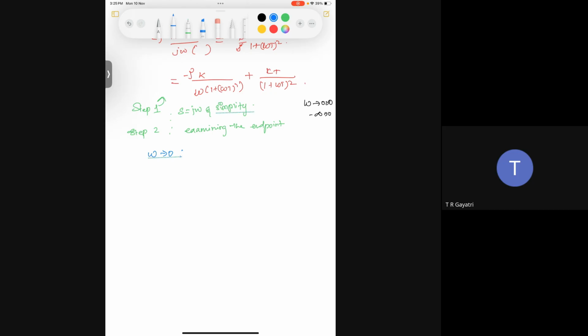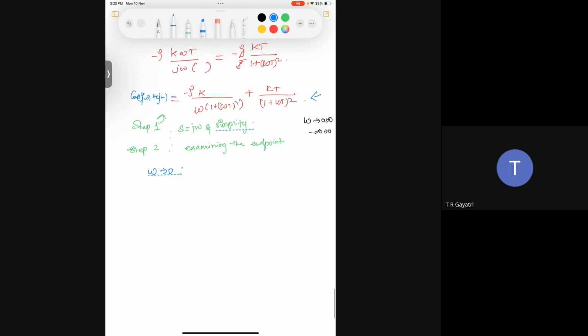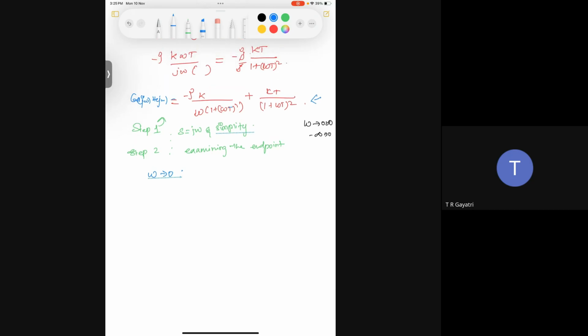When omega equal to 0, in this equation, the second term, KT by omega into 1 plus omega T the whole square, yes, right?